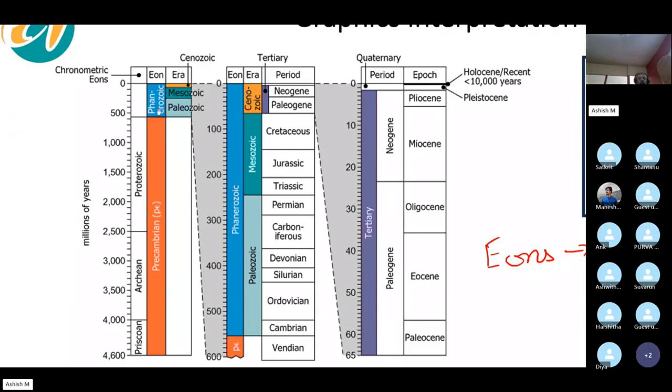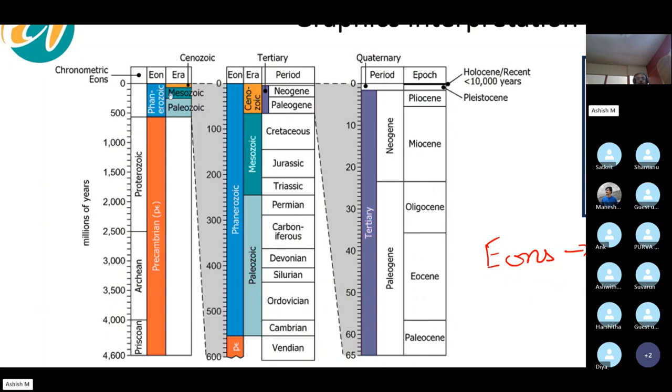Right? Now, this Phanerozoic eon is further classified in how many eras? 3 eras. Paleozoic, Mesozoic, and Cenozoic. So basically, as per this diagram, we are in the Cenozoic era. Correct?